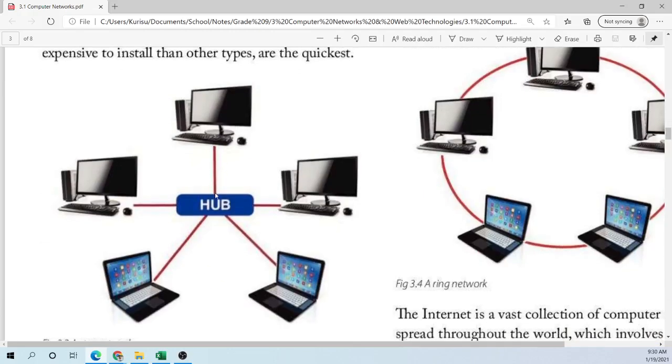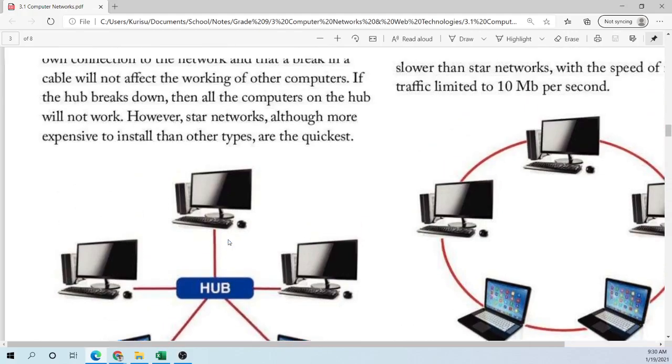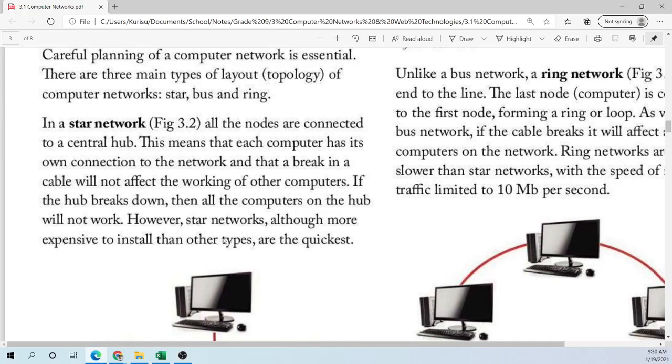So each computer has its own wired connection. Now it could also be wireless. So say for example, these two laptops at the bottom here, they could be connecting via Wi-Fi. So it doesn't mean that they have to be connected by a cable. They can be also connected via Wi-Fi. Once they have their own connection to that central device, it is a star network.